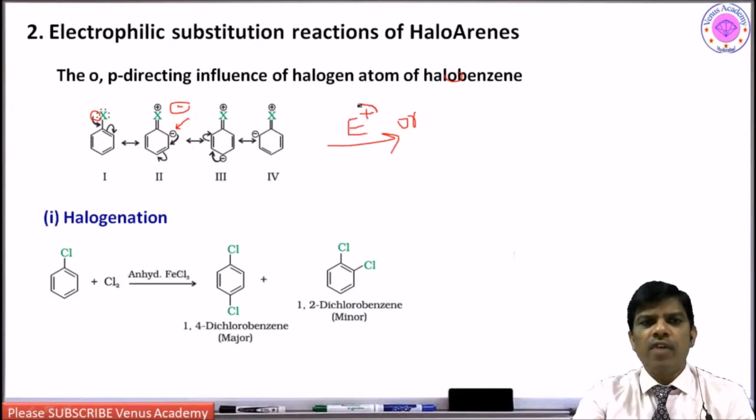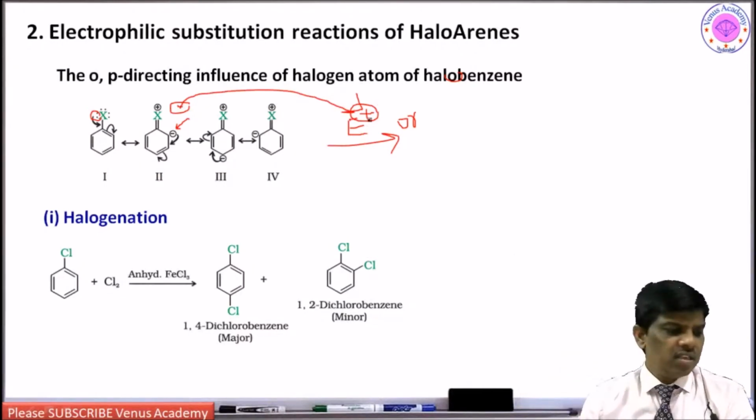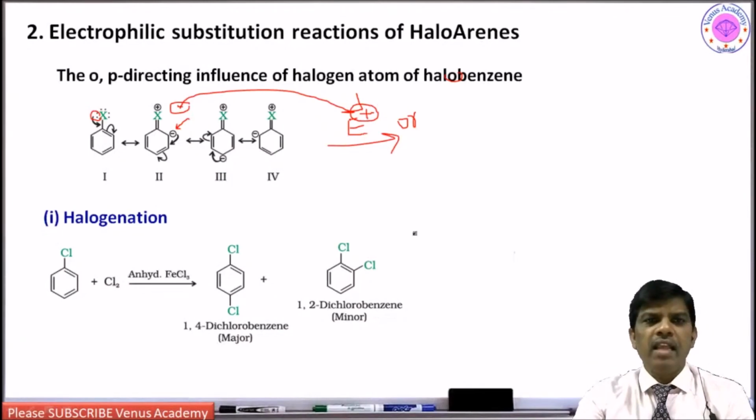Because it has excess electrons, it wants to react with an electrophile. It wants to give this negative charge to the electrophile, which is an electron-loving species. So it reacts with the electrophile and forms ortho and para products.